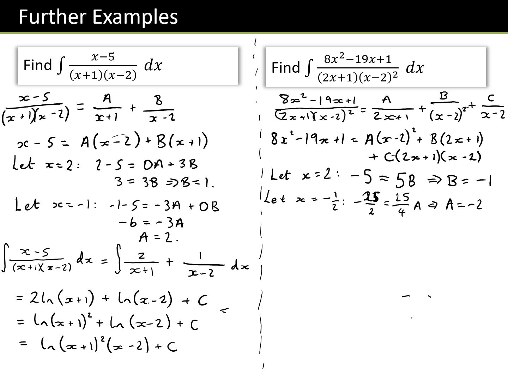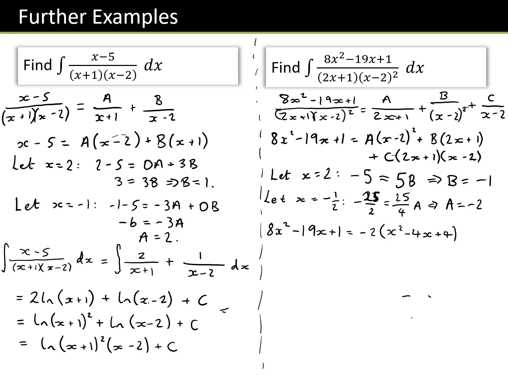This is where it starts to get nasty, okay? So, if we were to expand this entire right-hand side, so we've got 8x squared minus 19x plus 1 equals, A is minus 2, isn't it? So it's minus 2, expand the brackets, so x squared minus 4x plus 4.